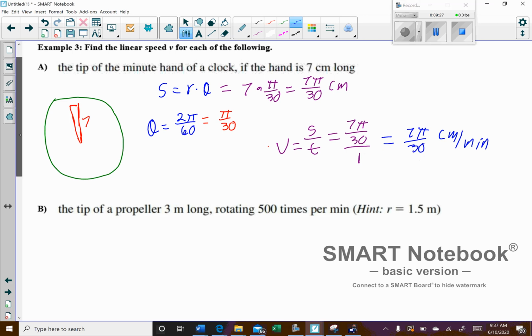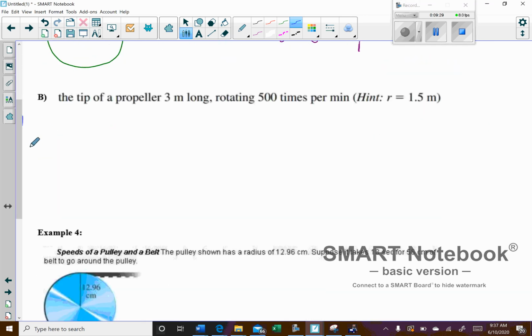Okay, our next one. So it says the tip of a propeller, 3 meters long, rotates 500 times per minute. And so it says, hint, basically they're going to tell you the radius is 1.5 meters. So the tip of the propeller, 3 meters long, rotates 500 times per minute. Okay, so we want to figure out that linear speed per minute.